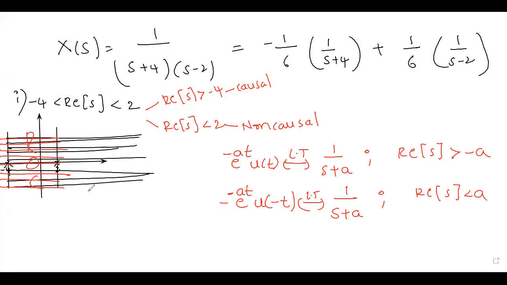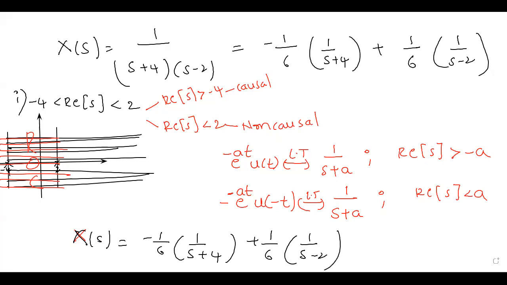Okay. Now let us continue with this. X of s, what do we have? X of s equal to minus 1 by 6 into 1 by s plus 4, plus 1 by 6 into 1 by s minus 2, right?